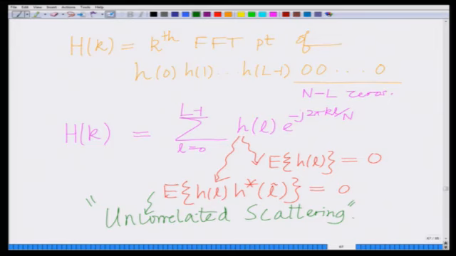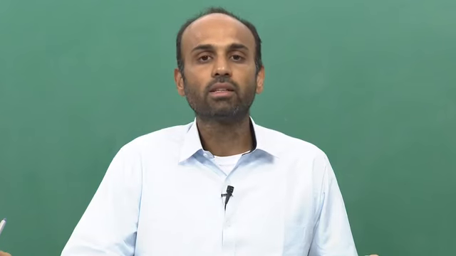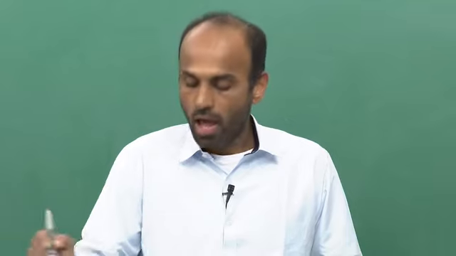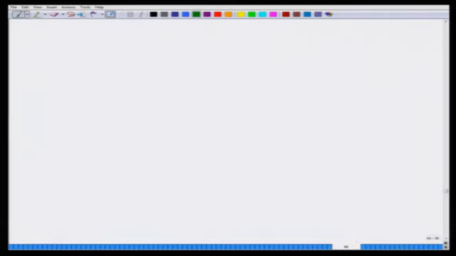This is known as an uncorrelated scattering environment. And also we are going to assume that the power of each h l, that is, the expected value of magnitude h l square, is unity.